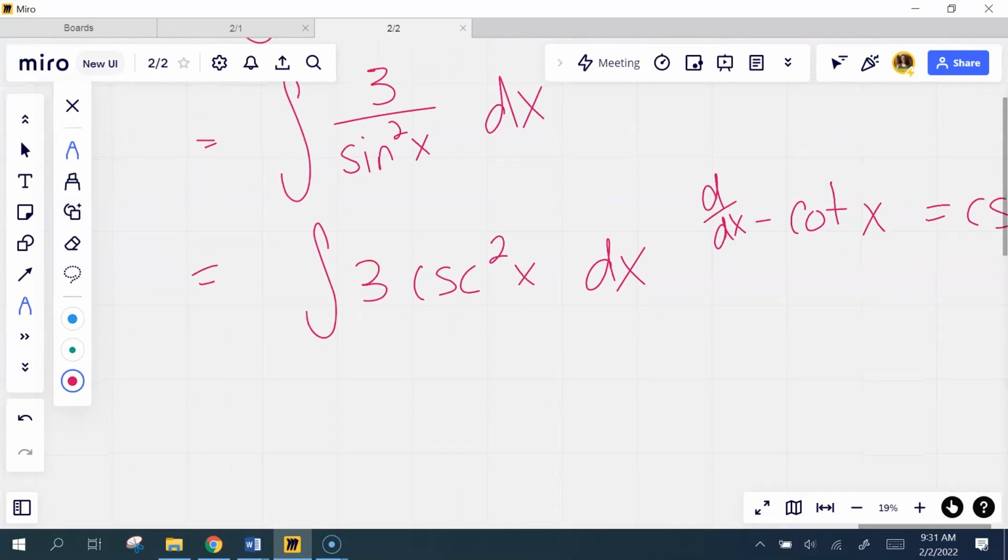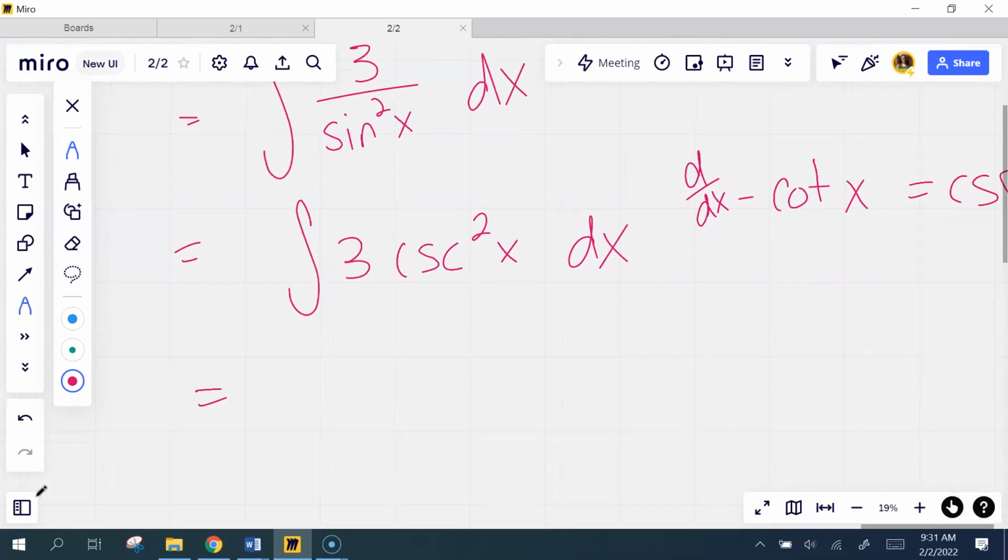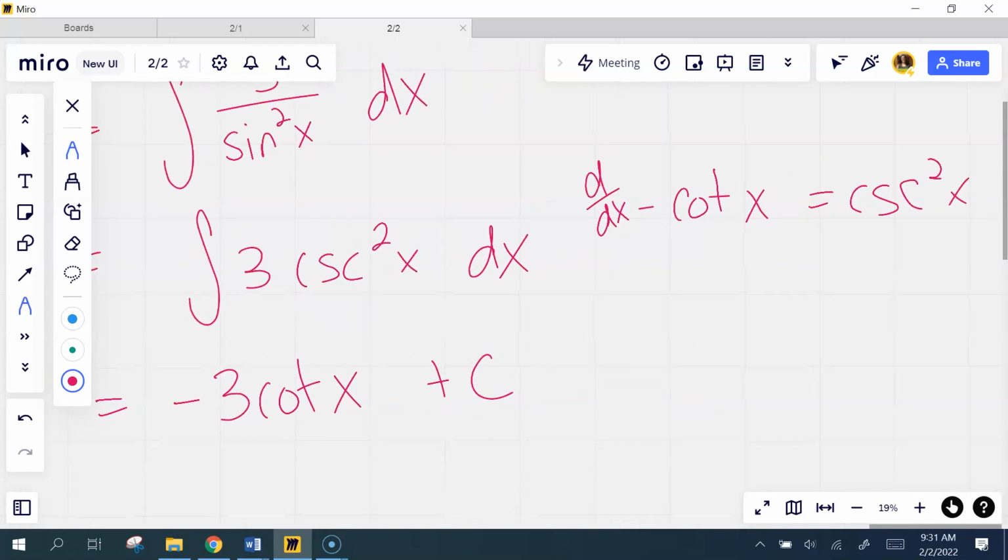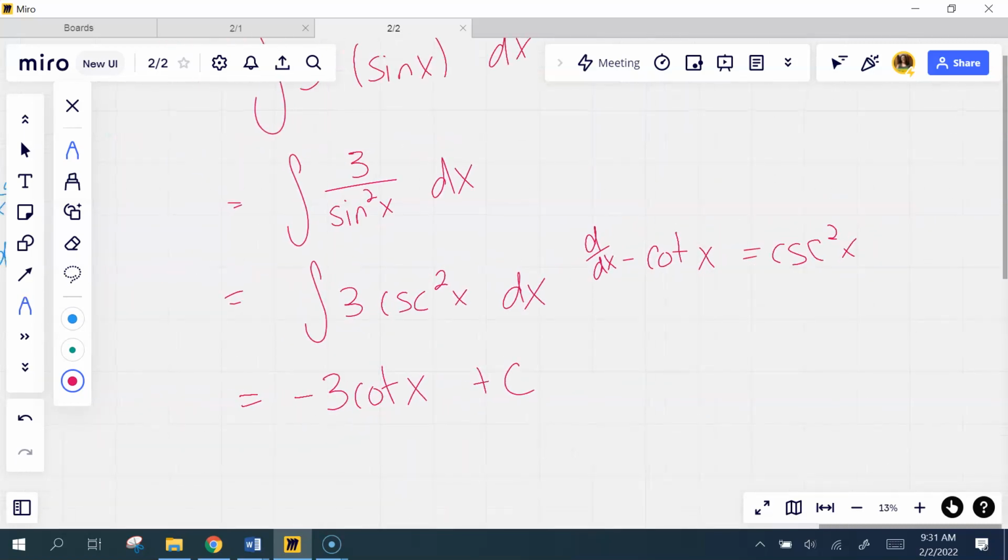But now, what does this equal? What's the antiderivative of cosecant squared? Negative 3 cotangent x plus c. There, you didn't have to use a u in that.